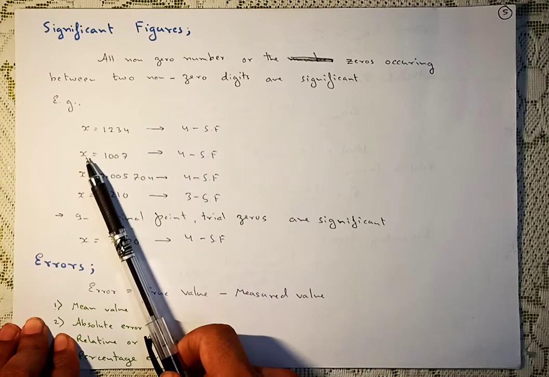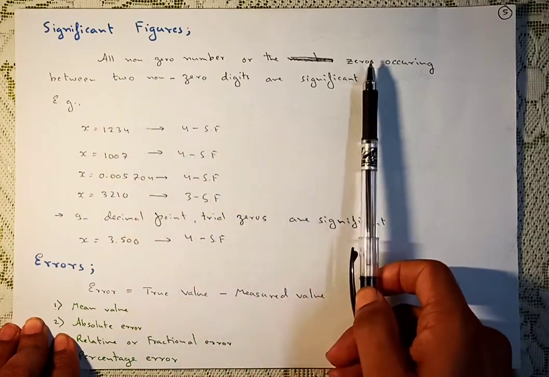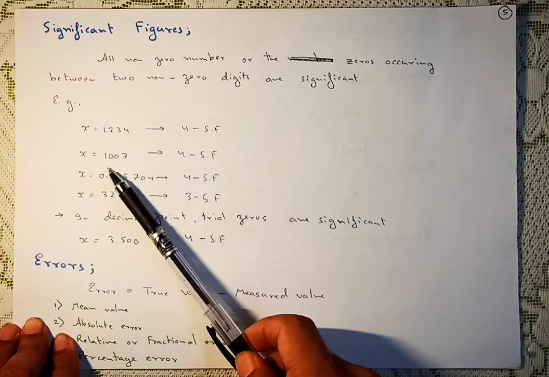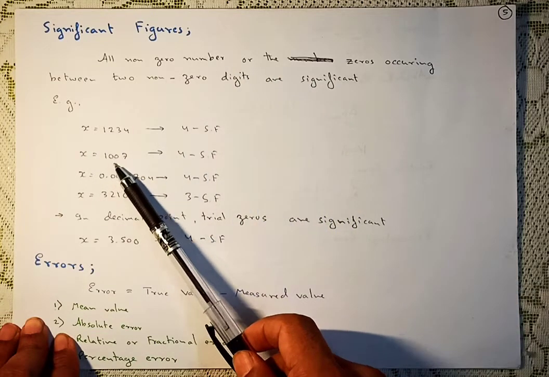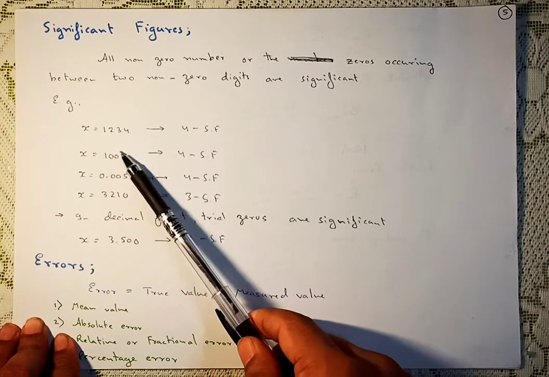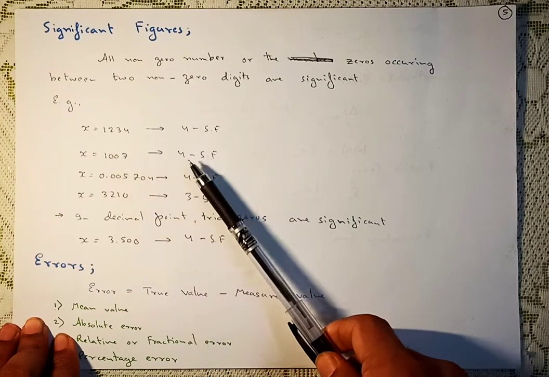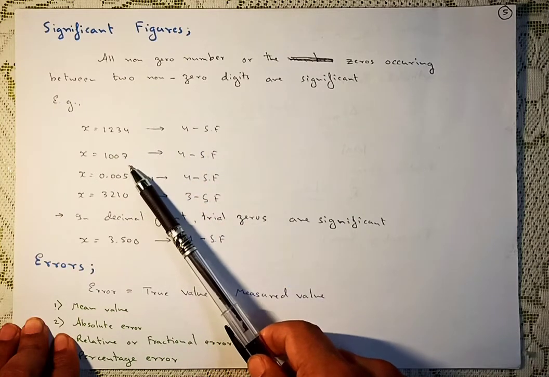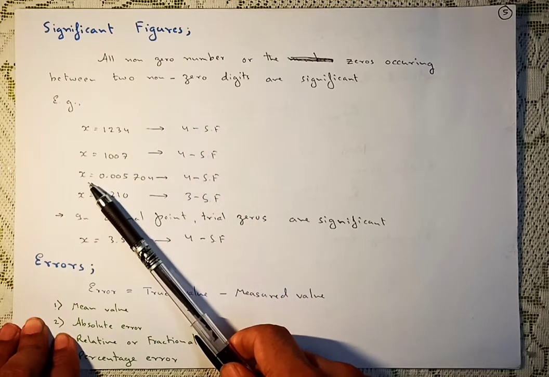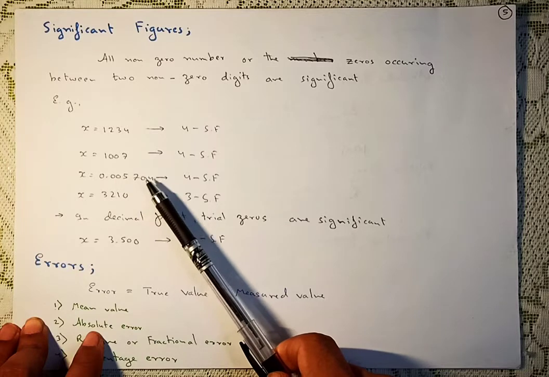And then taking the help of this particular statement, zeros occurring between two non-zero digits, this is 1, this is 7, so 0 out here is in between. Therefore these 2 zeros can also be taken to be significant. Hence you have 4 significant figures out here relating to this x. And then here x is equal to 0.005704.